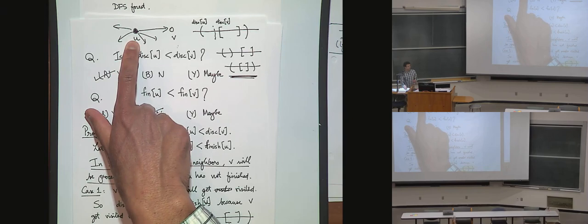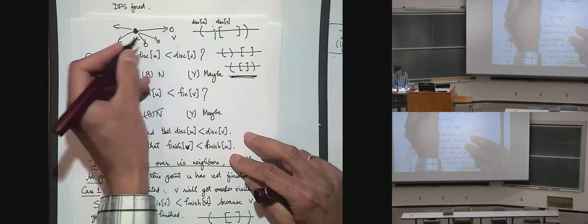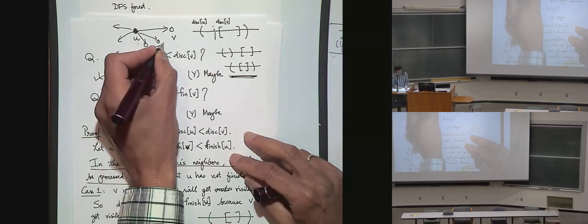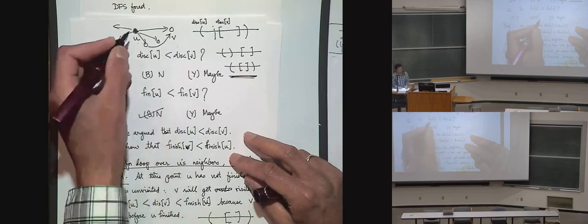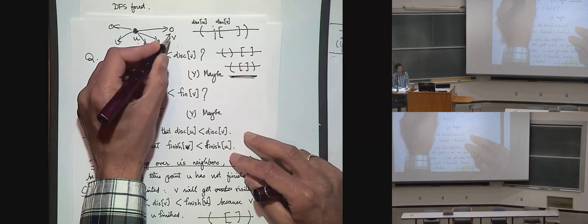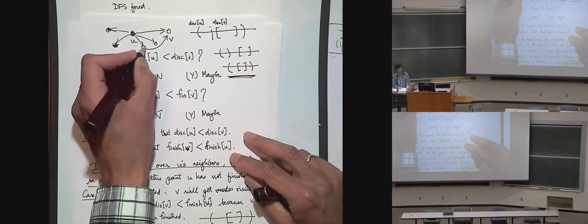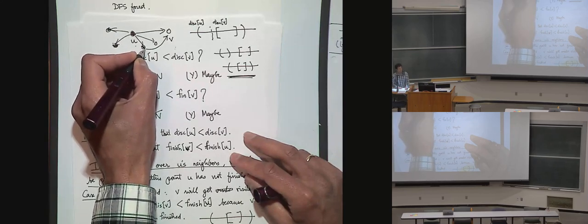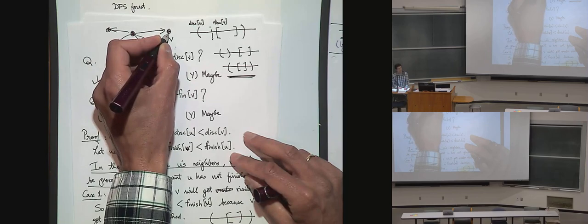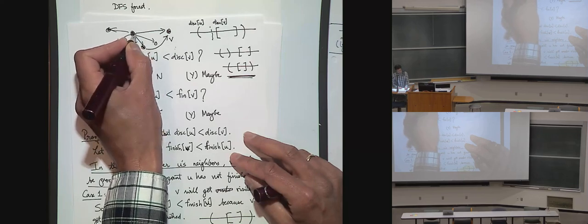No, so let me give you an example. So let's just say that there is an edge from here to here. And so what U did was process neighbors in this order. So it visits this, backtracks, visits this, finishes. Then it visits this. Now this is eventually going to lead to this being visited. So it's going to backtrack. So then U is still going to look at all of its neighbors.